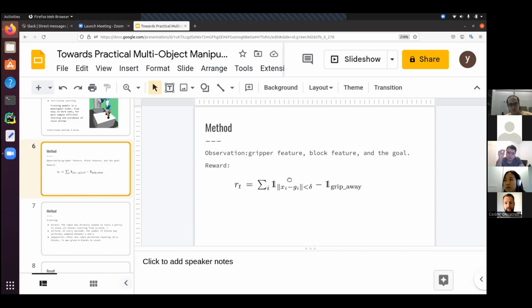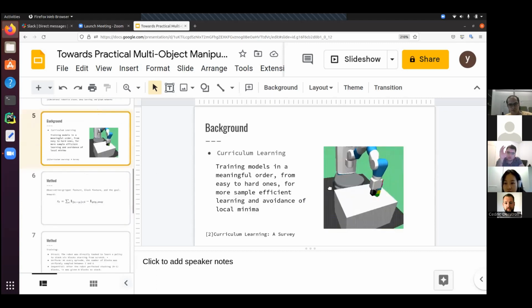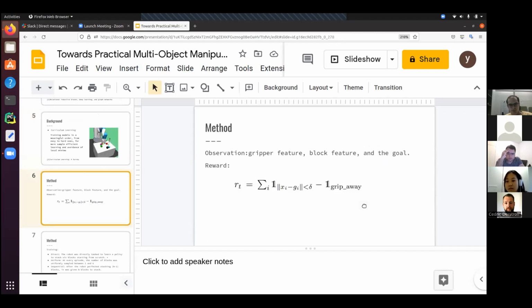So the goal positions are fixed, but which block should go to which goal is changed, right? Yeah. Okay. And in this reward function, you only have one term for the gripper, is that right? Yeah.